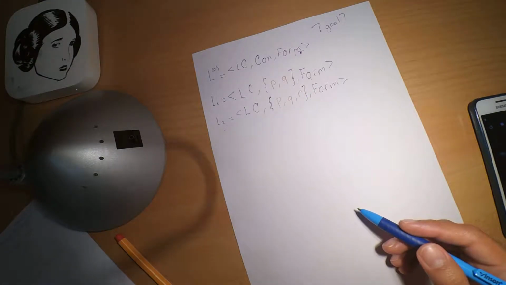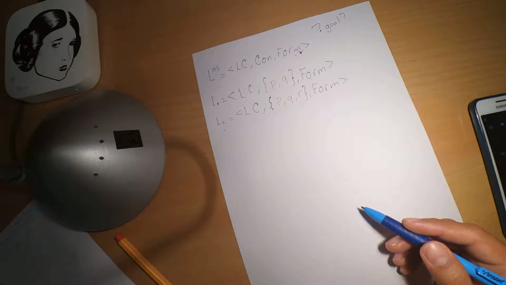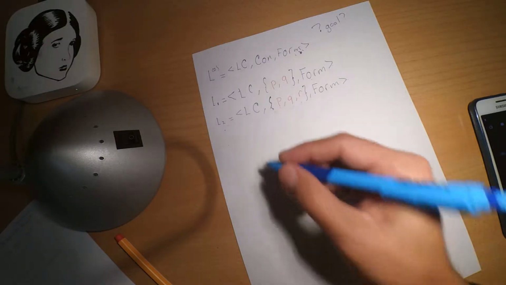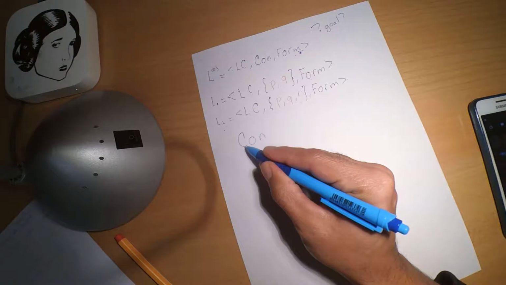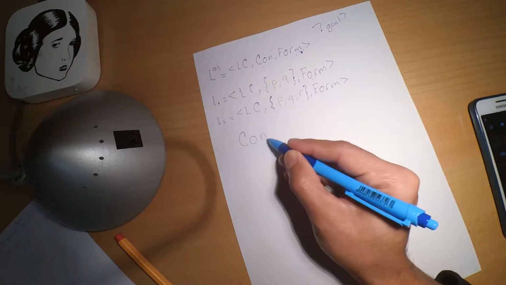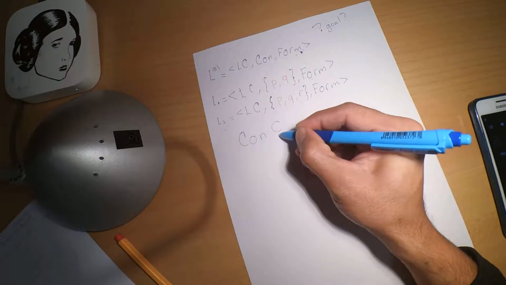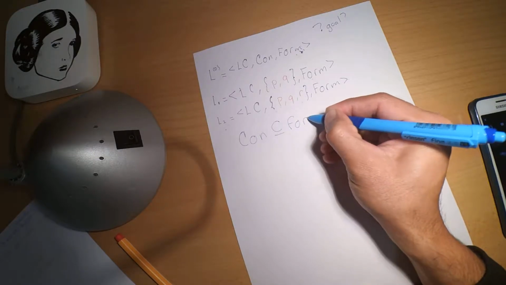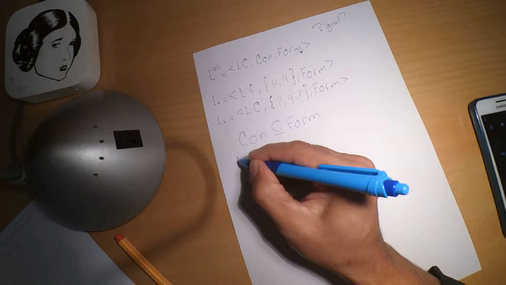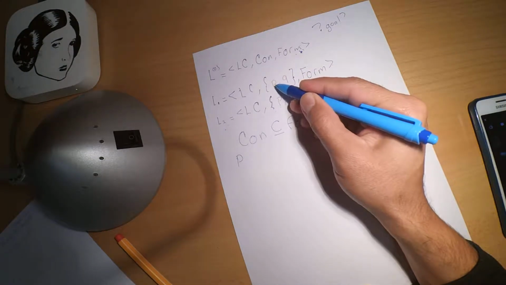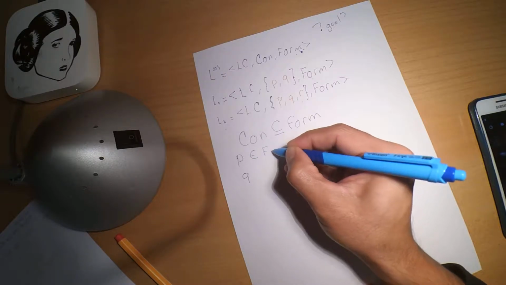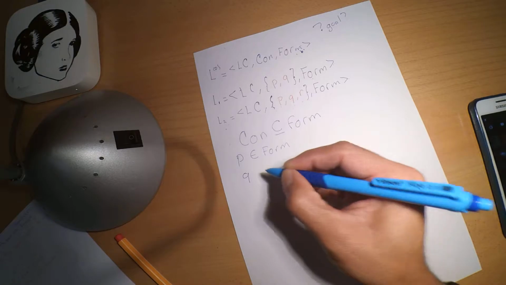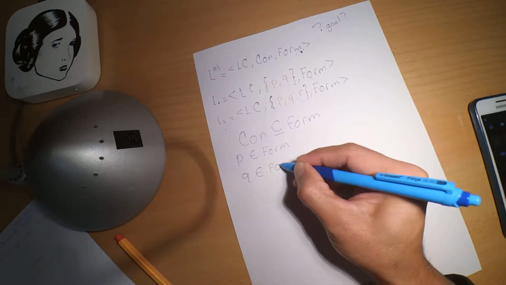Okay, so it's not a big deal, but this is really useful because the theory says that the non-logical constants are a subset of the form. In other words, we can say that P and Q in L1 belong to the form.